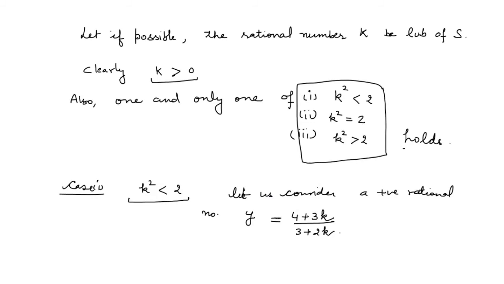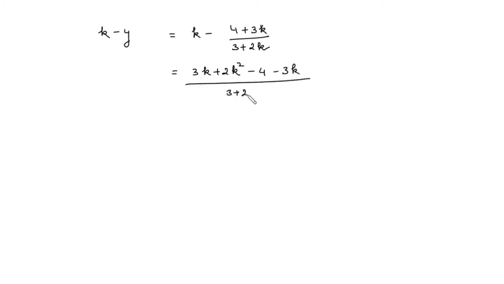Yes, ma'am. Okay. So now you take the difference of k and y. Substitute the value of y over here: it is (4 plus 3k) upon (3 plus 2k). Simplify this. What will you get? Now just see, this is a positive number, this is a positive number.